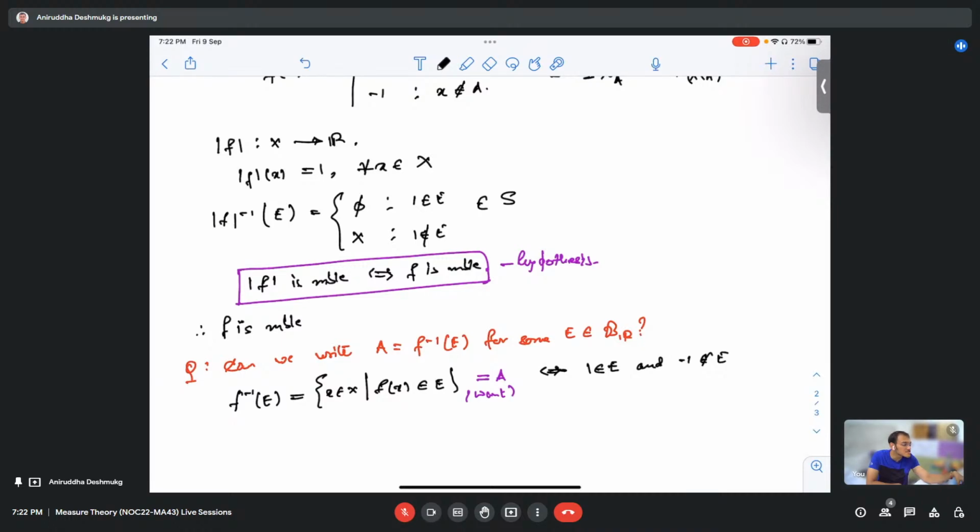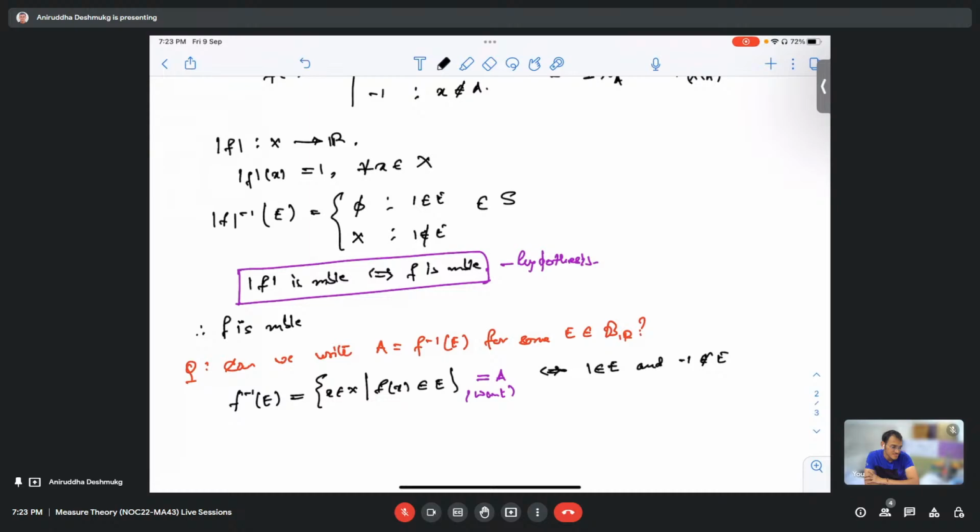So now tell me, what should your choice of E be? There are many choices, right? Tell me any one that works. You tell me one set of R, which is a Borel set, and it contains 1, but it does not contain minus 1.